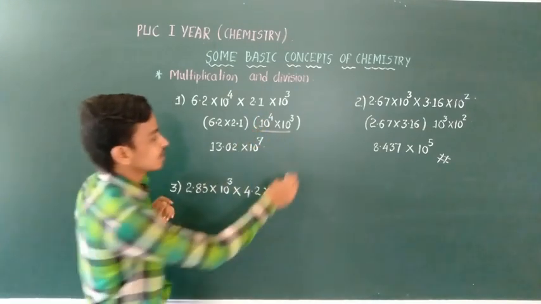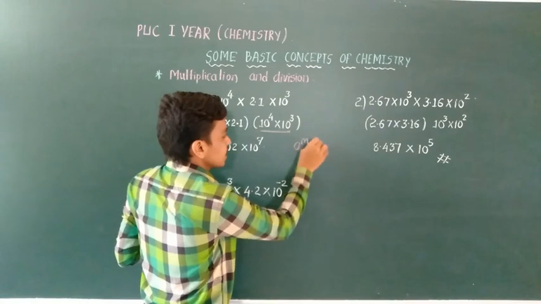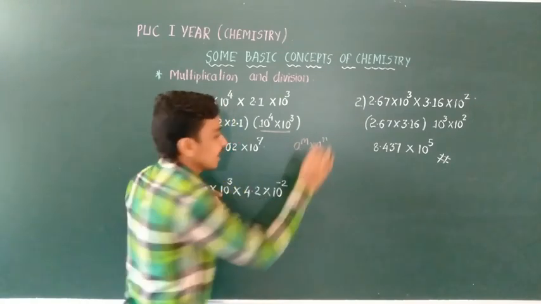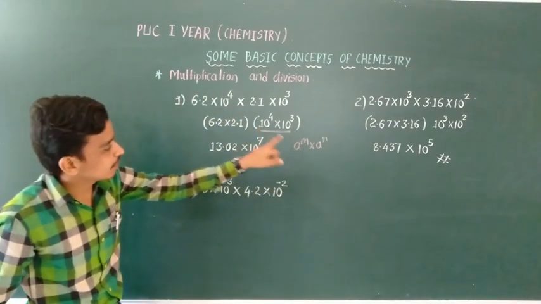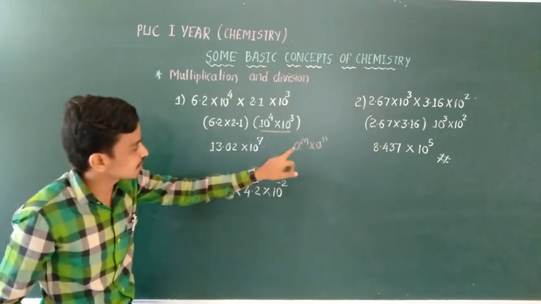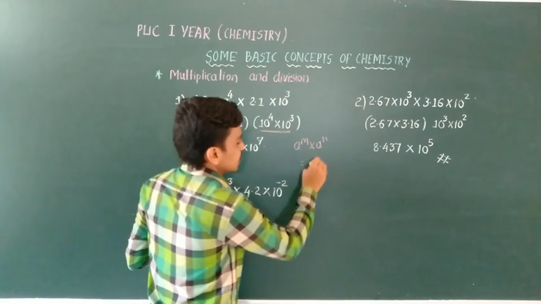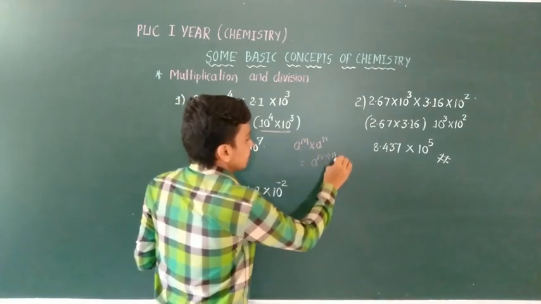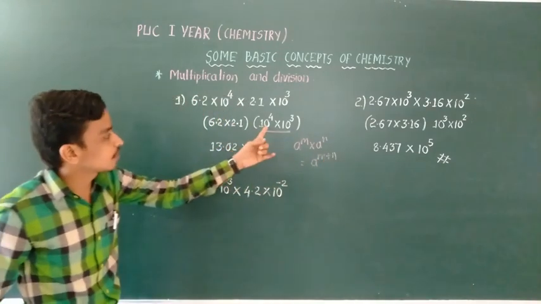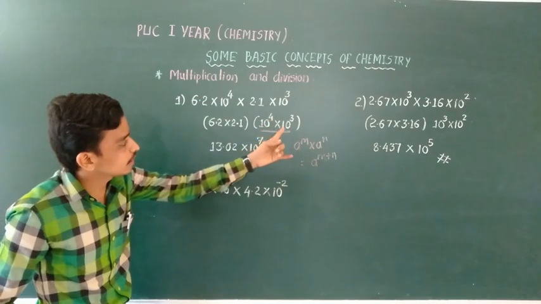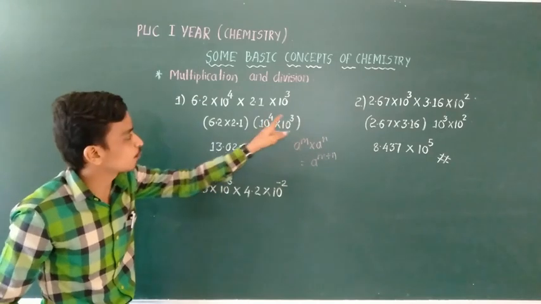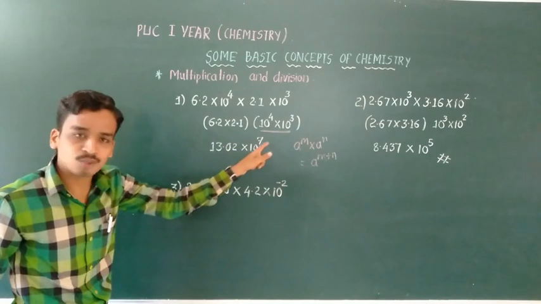The rule is a raised to m into a raised to n. Here a means 10. Just observe: a raised to m into a raised to n is nothing but a raised to m plus n. Therefore 10 raised to 4 into 10 raised to 3 means 10 raised to 4 plus 3, which is 10 to the power of 7.